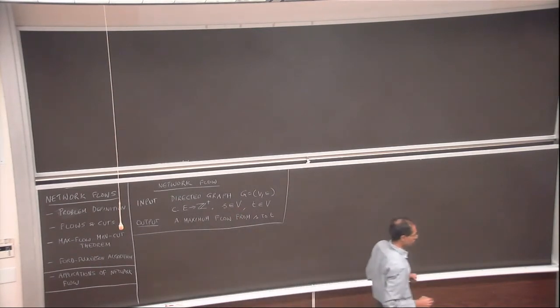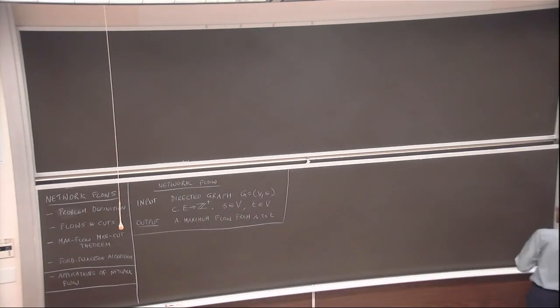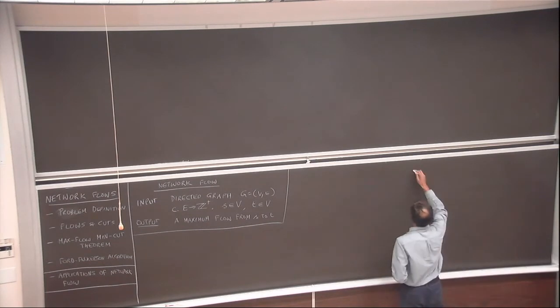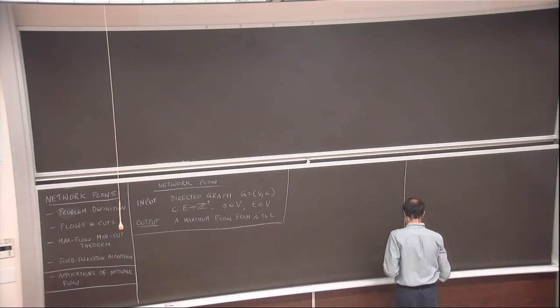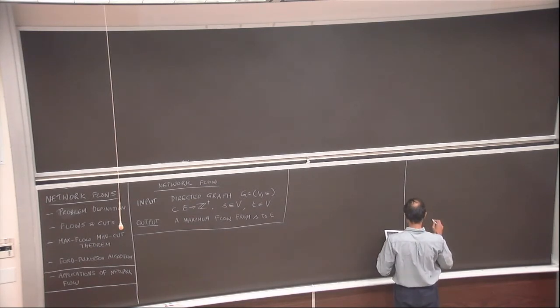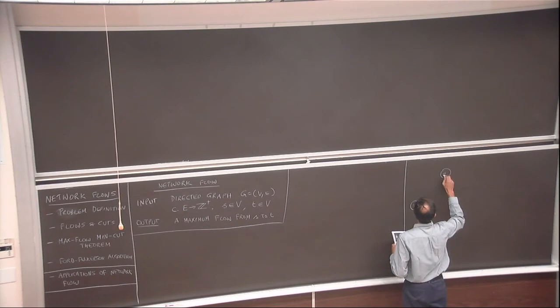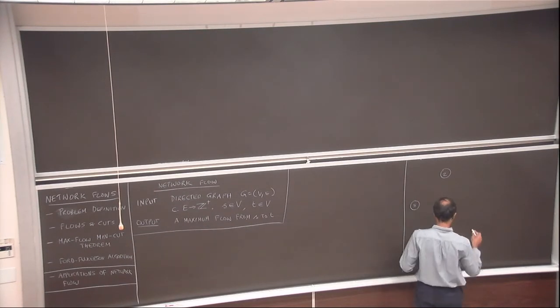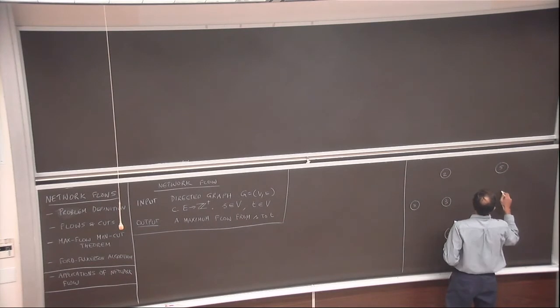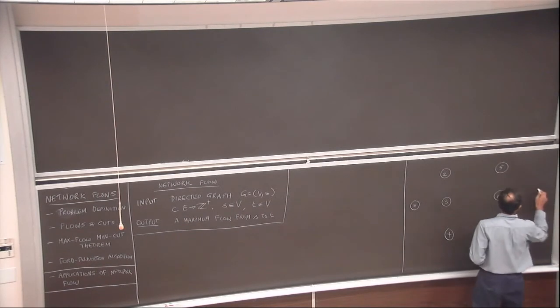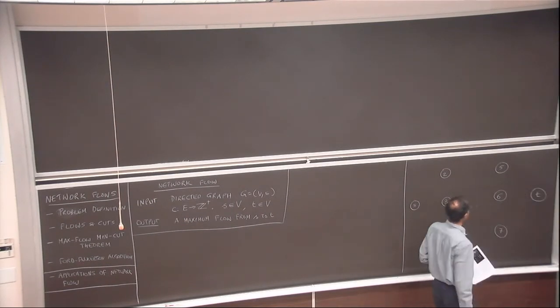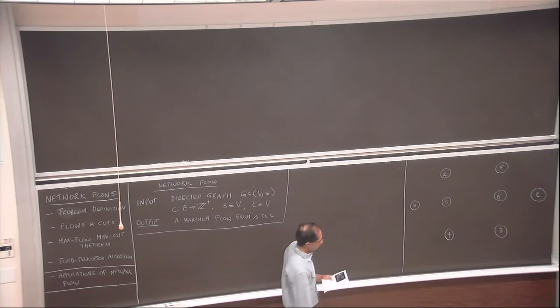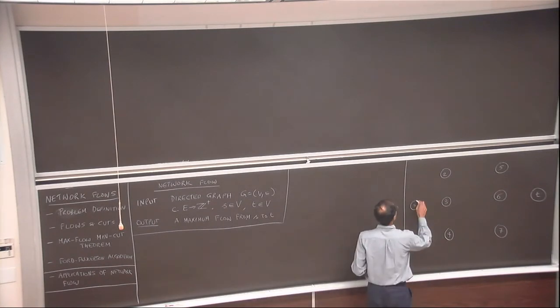So let me take a picture from the text. This is a directed graph. It has a bunch of different vertices. Okay, so we have 8 vertices here.